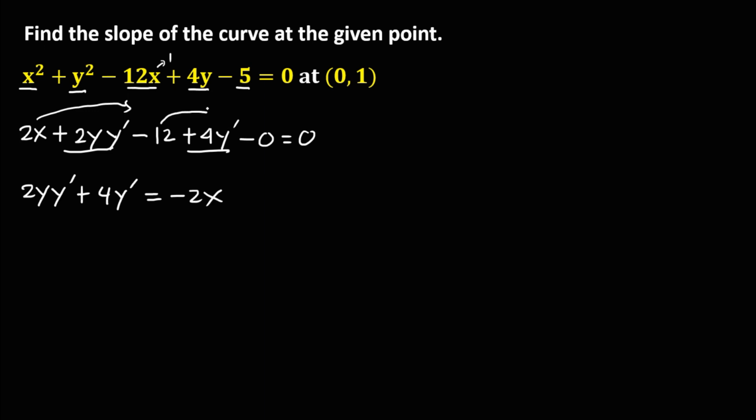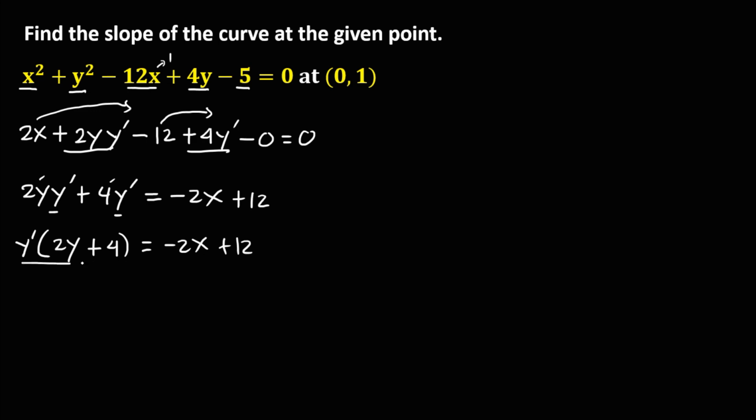This negative 12 transposed to the other side becomes positive 12. Then we can factor out this y prime. So put y prime outside, and the remaining is 2y plus 4, equals negative 2x plus 12.